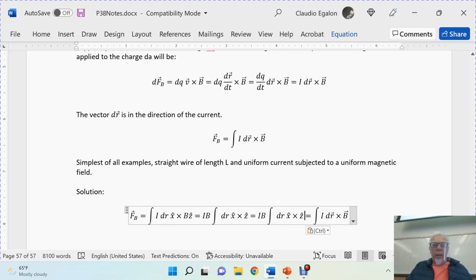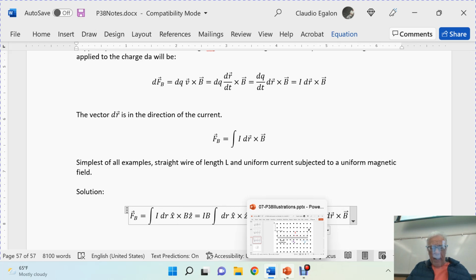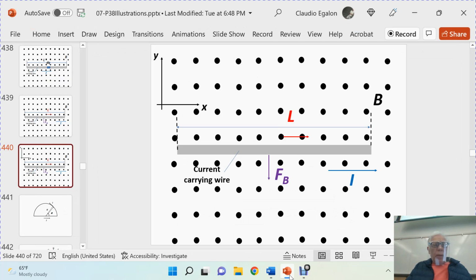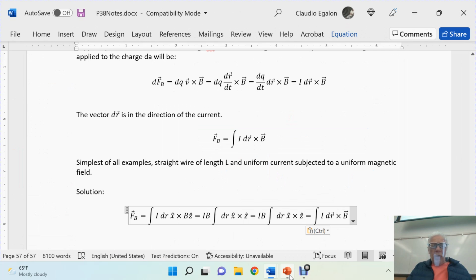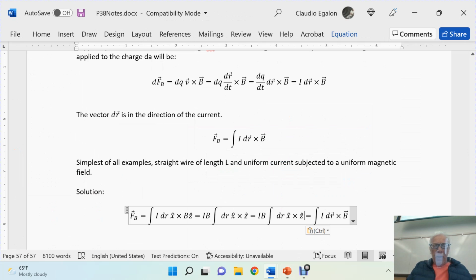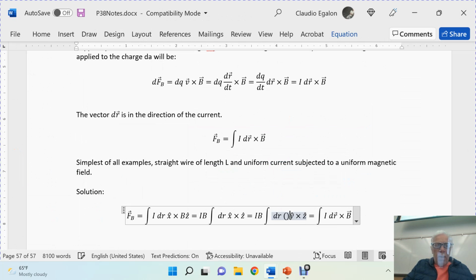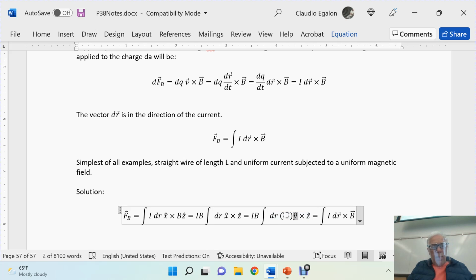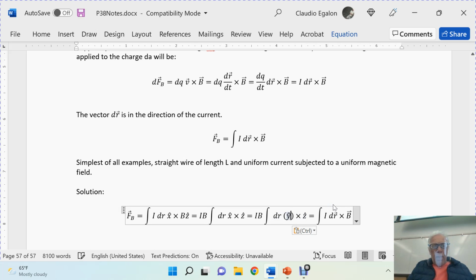There's a much quicker way of doing that, but that's the step we have to do whenever we are using a more complicated approach, a more complicated problem. X cross z is minus y hat. Here we go, minus y hat.